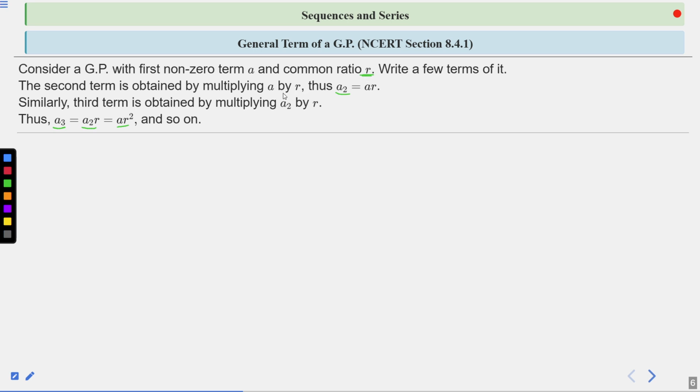Simple. How are you going to generalize your terms? Quite simple. If AN is some term, then your term will be the first term times R raised to the power n minus 1. Simple. Generalization of your term at the nth position.